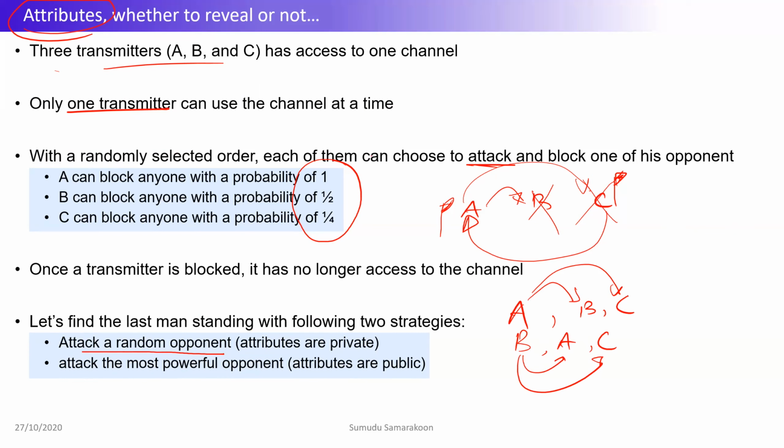Everybody decides to attack the most powerful one, who has the higher chance to attack and succeed. So if we take the same example, A is definitely going to attack B because he is the one posing the threat to him if he remains. And both B and C prefer to attack A.